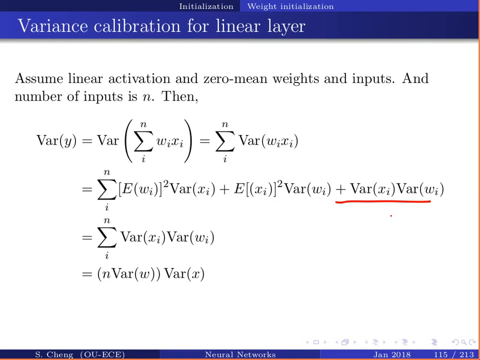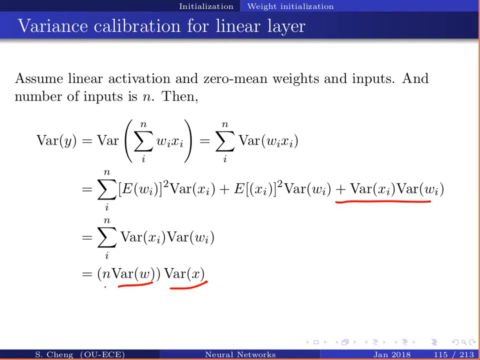Variances are just statistics of a distribution, so they are constants. I should really say that I will assume that for each of these inputs and weights the statistics are the same, so the variance of each xi is equal to the variance of x, and the variance of each wi is equal to the variance of w.